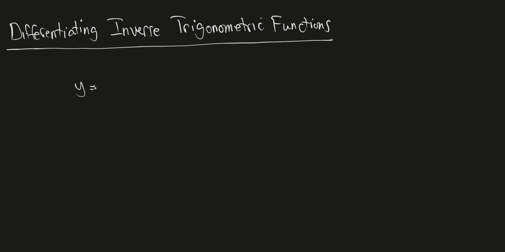So this is our first goal. We want to be able to find the derivative of arcsine, right? Well, what do we know about arcsine? Let me just remind you of a couple basic properties. We know, for one, that its domain consists of all real numbers between and including plus or minus 1.